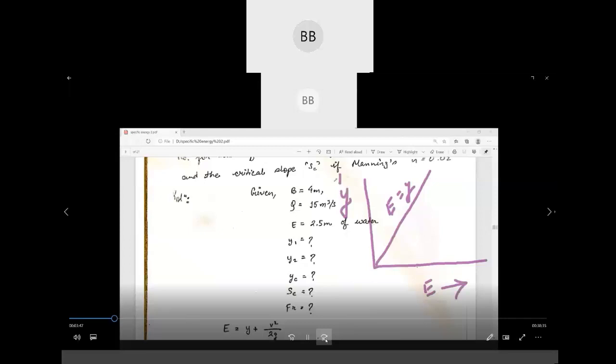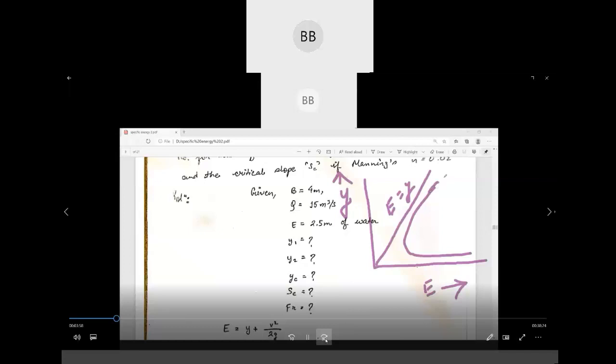So before solving this numerical, if you remember that specific energy curve, this is at an angle of 45 degree. It's E is equal to Y. In x-axis we have energy, that is your specific energy, and y-axis is depth of flow. Then for any particular discharge, if you draw a specific energy curve, it will be in this form.